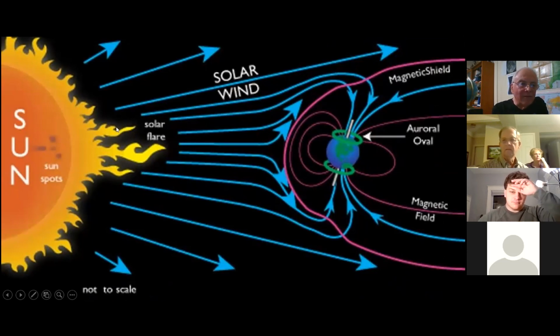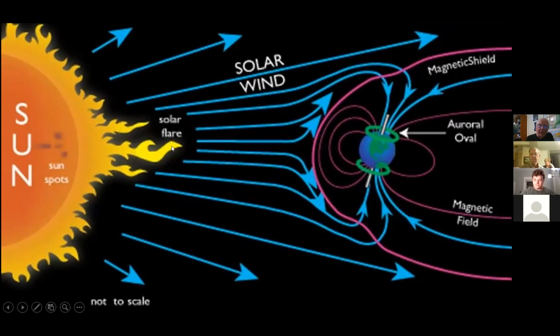It's only when we have solar flares, as indicated here, that some of the excited ions make it through the magnetic field and are funneled down into this region in the north or this region in the south. This is where we can see the northern lights. Up here in the north, we would see the aurora borealis. Down in the south, we would see the southern lights, or the aurora australis.